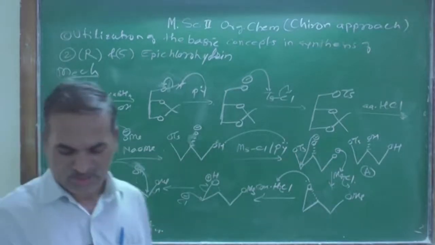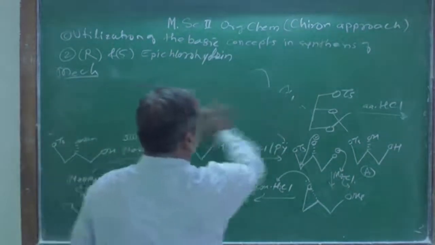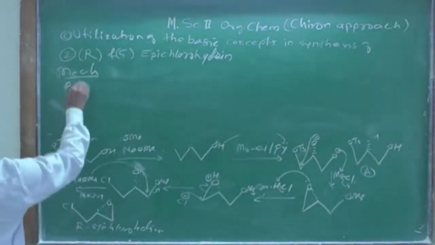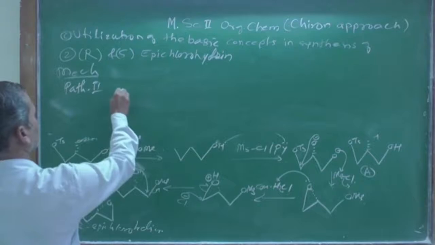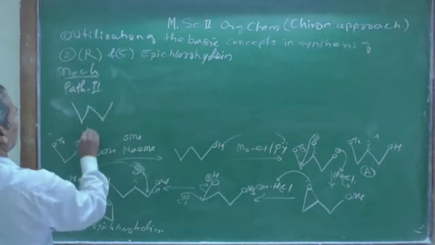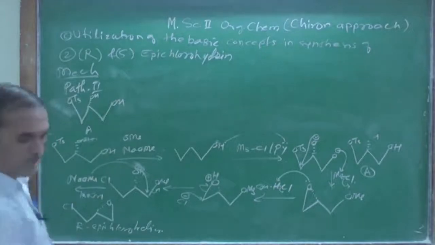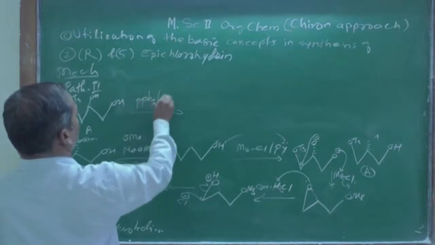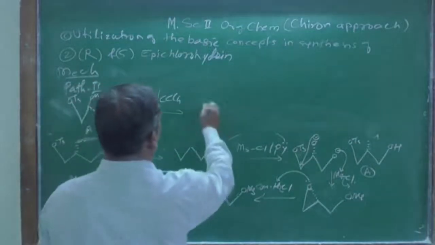And now in path number second, how do you get that one? Now let us see here, path number second. Let us see this compound once again as it is. This is a compound OTs, middle one is OH, here also has an OH. Now this compound is treated with PPh3 in presence of CCl4, right, and when treated with this, what you are going to get?